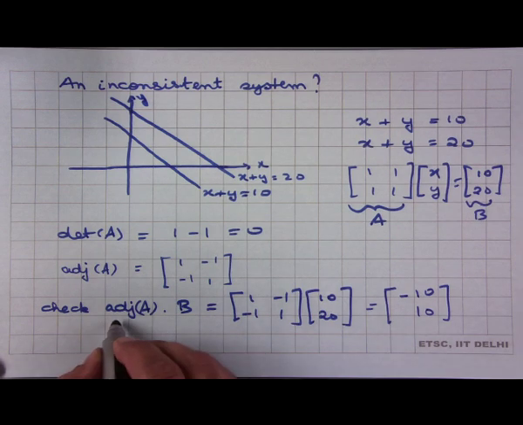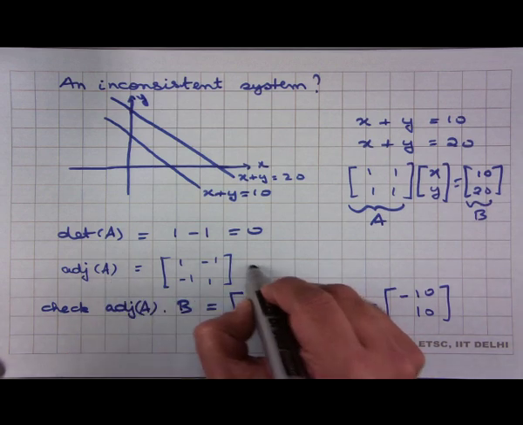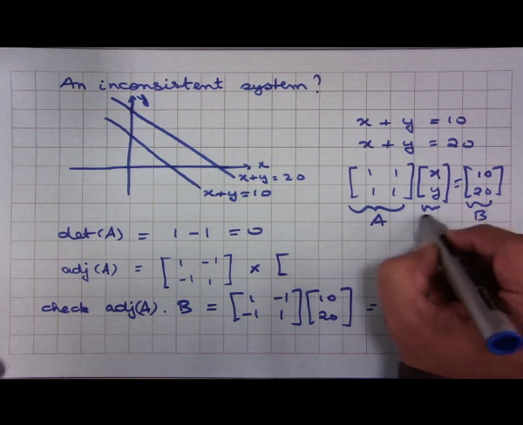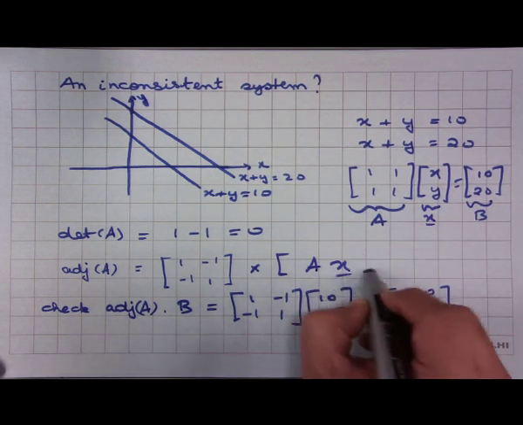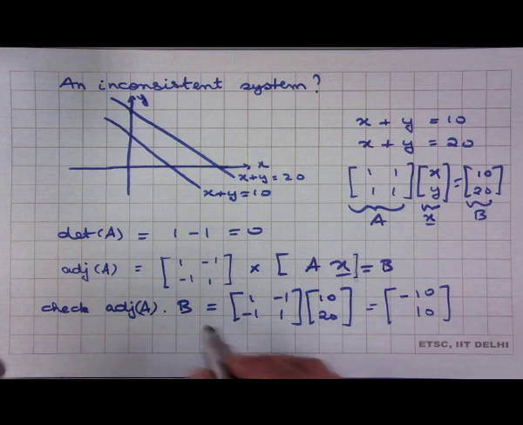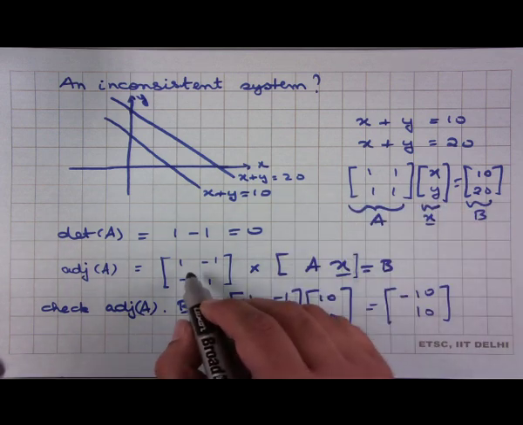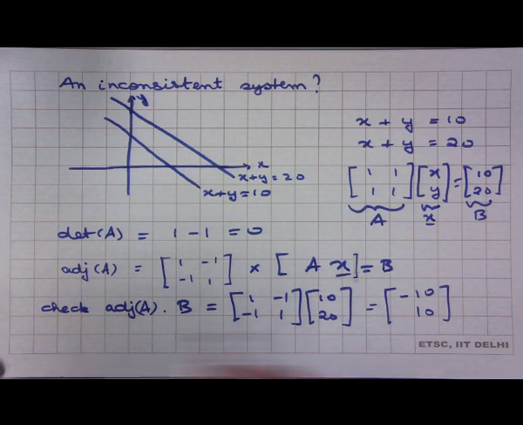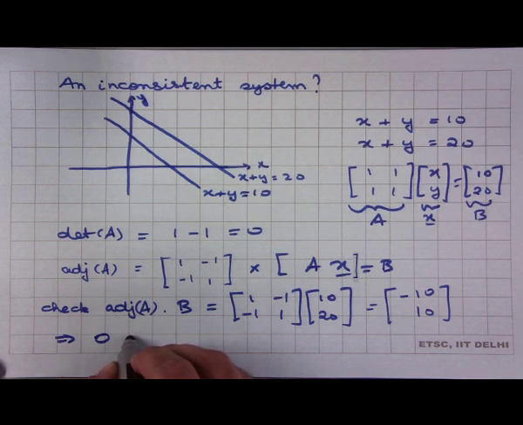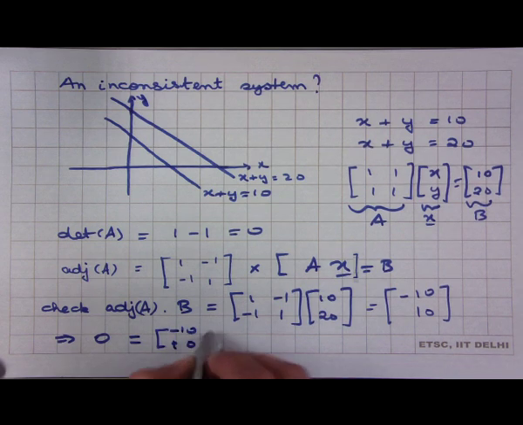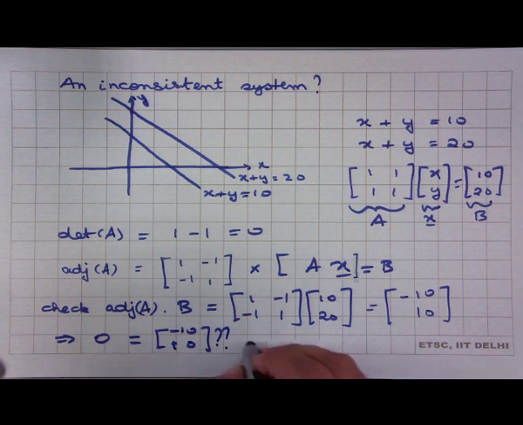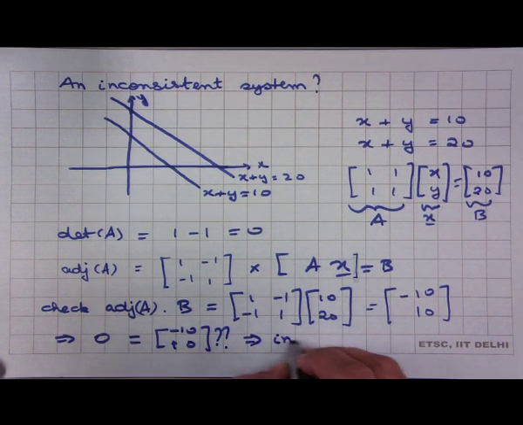So, we have a situation where the right hand side of the equation, which we obtained by multiplying adjoint of A times A x bar equal to B, is non-zero, but the left hand side is 0, because adjoint of A times A is 0. We can check that directly here, that is 0. So, this will come up with a situation where 0 is equal to something which is not 0. This does not make sense, and that is why we labeled it inconsistent.